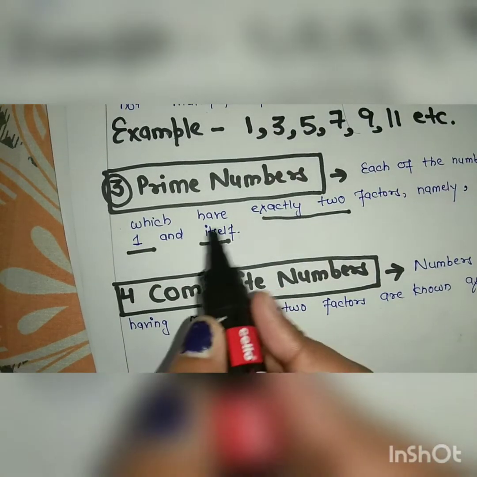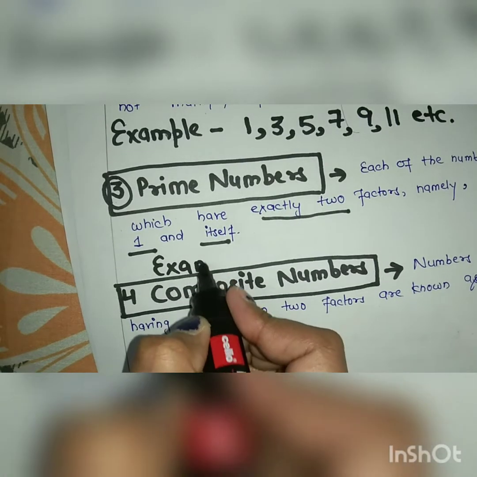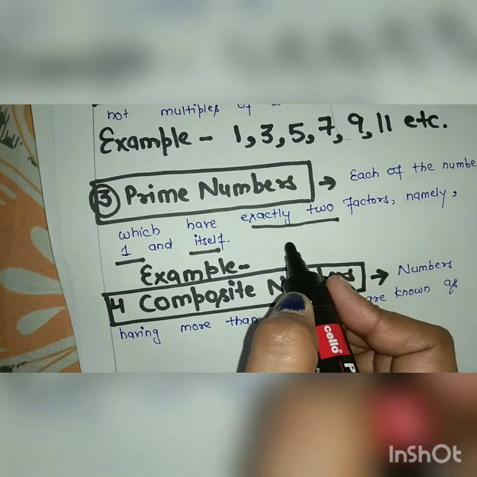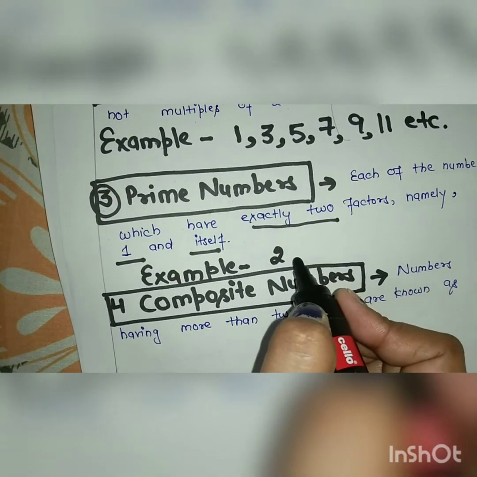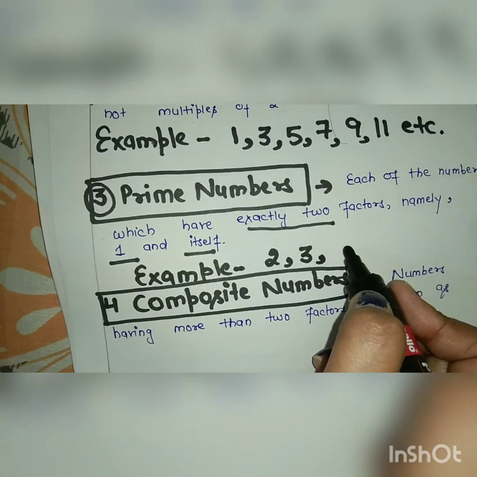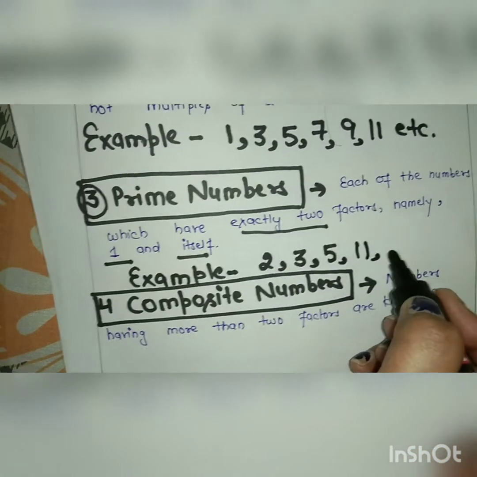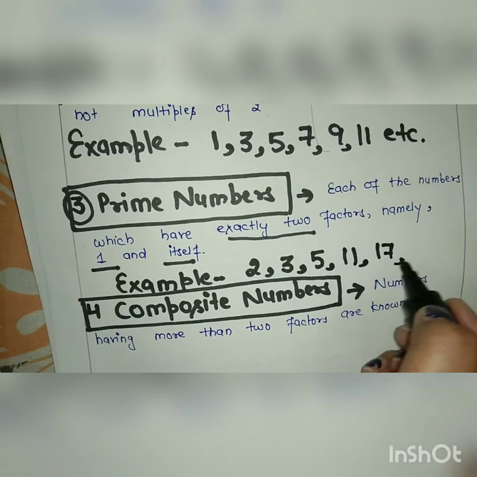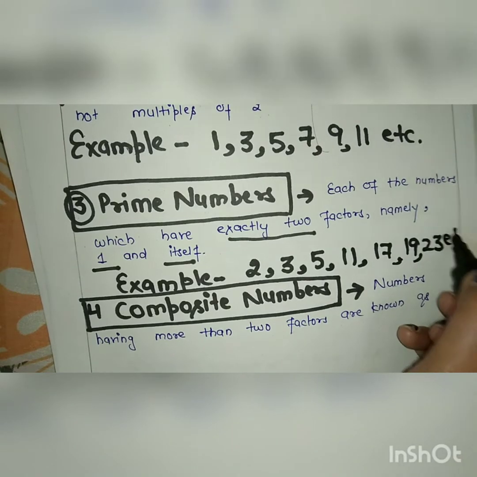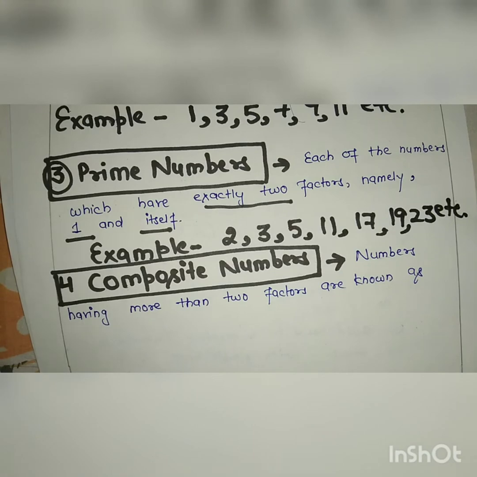For example, 2, 3, 5, 11, 17, 19, 23, etc. So these are prime numbers.